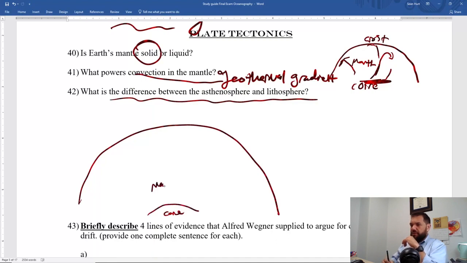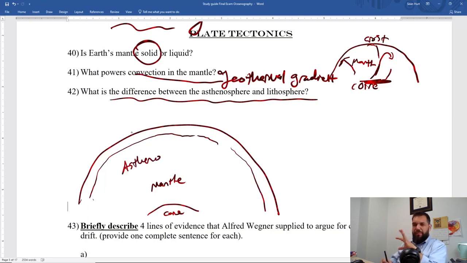Okay, here's the mantle. The lithosphere is maybe like this. All right, it's this uppermost mantle plus the crust. The asthenosphere would be down here. It's the lower mantle, below the lithosphere, and this is the part that can convect. The asthenosphere convects, but the lithosphere does not.